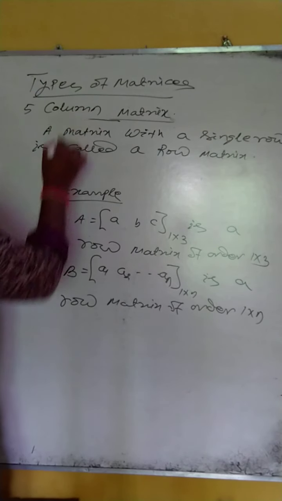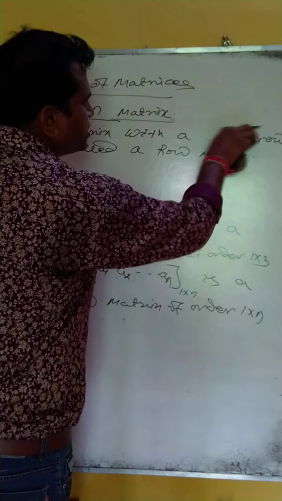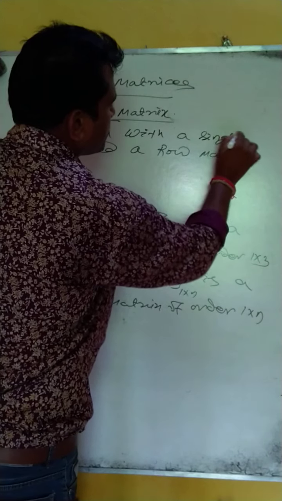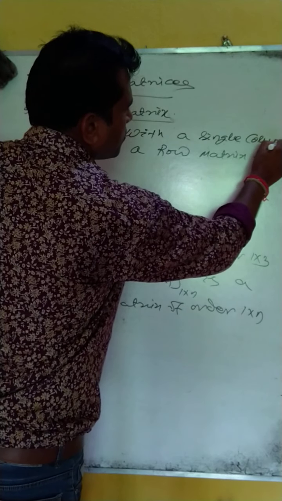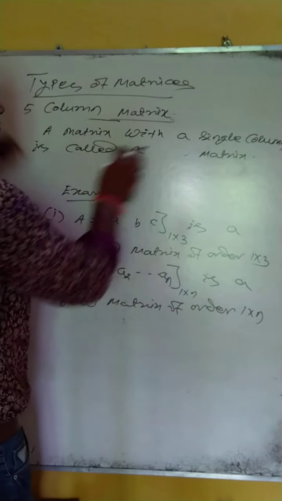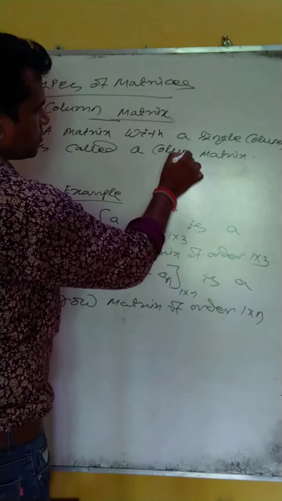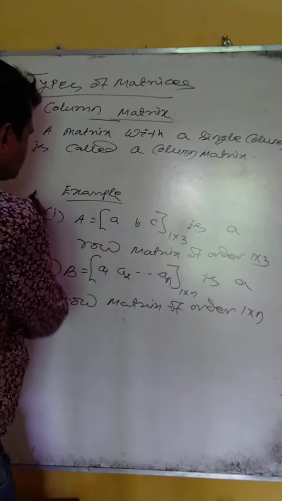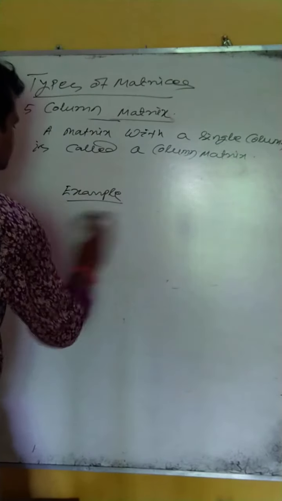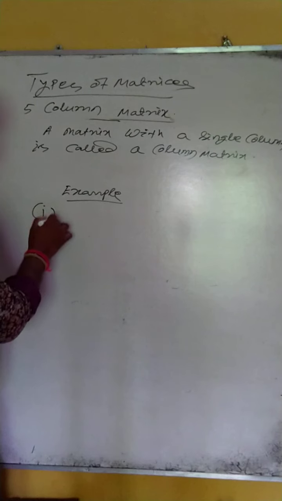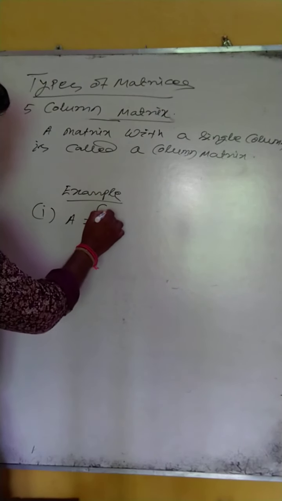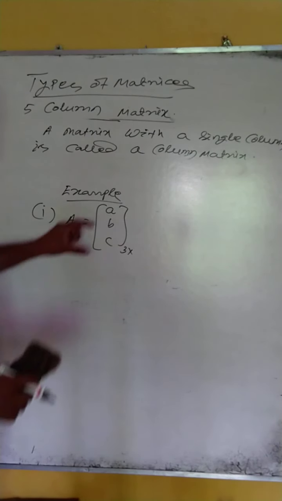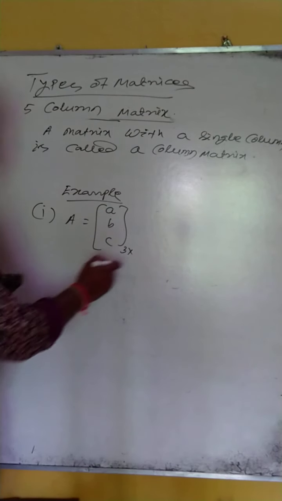Next, we discuss column matrix. A matrix with a single column is called a column matrix. Now take some examples. A is equal to, if we write a, b, c, in 3 cross 1. That means it has 3 rows and 1 column.